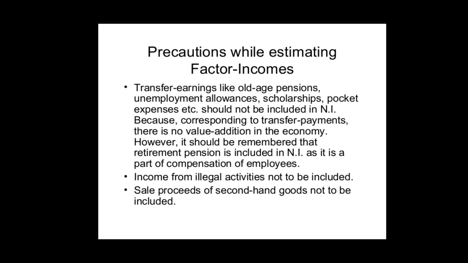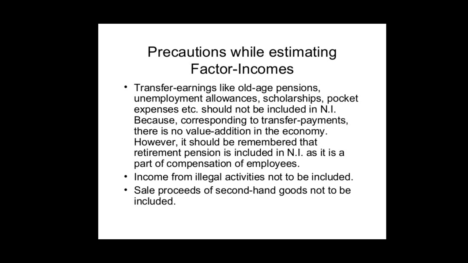Income from illegal activities like smuggling, black marketing, etc., is also excluded from the estimate of national income as it cannot be easily estimated. Sale proceeds of second-hand goods, that is, the receipts from the sale of second-hand goods, should not be treated as a part of national income.